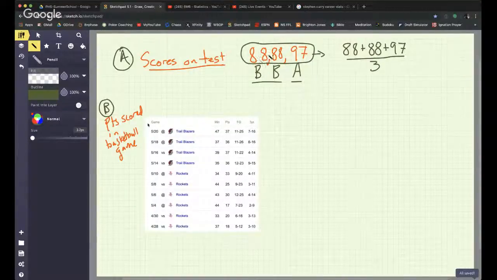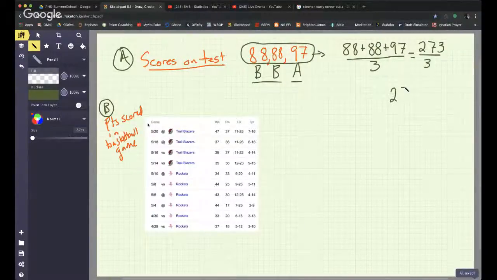There's 3 numbers, 3 elements. So the sum of our elements, if we add them all together, is 273 on our calculator. Let's just make sure. I'm going to type it in one more time. 88 plus 88 plus 97 is indeed 273, and we'll divide that by 3.